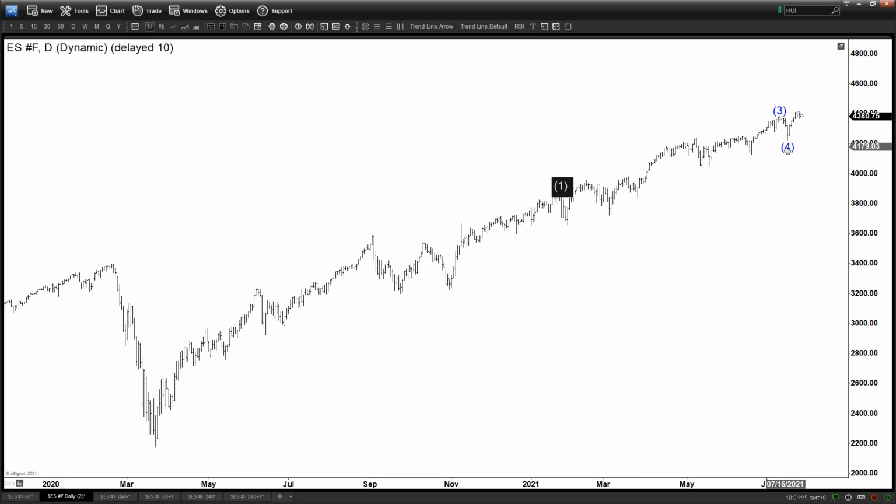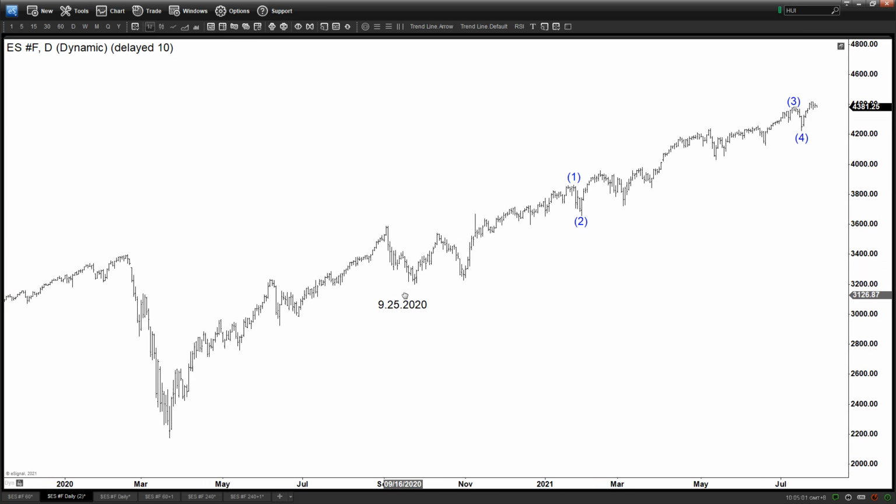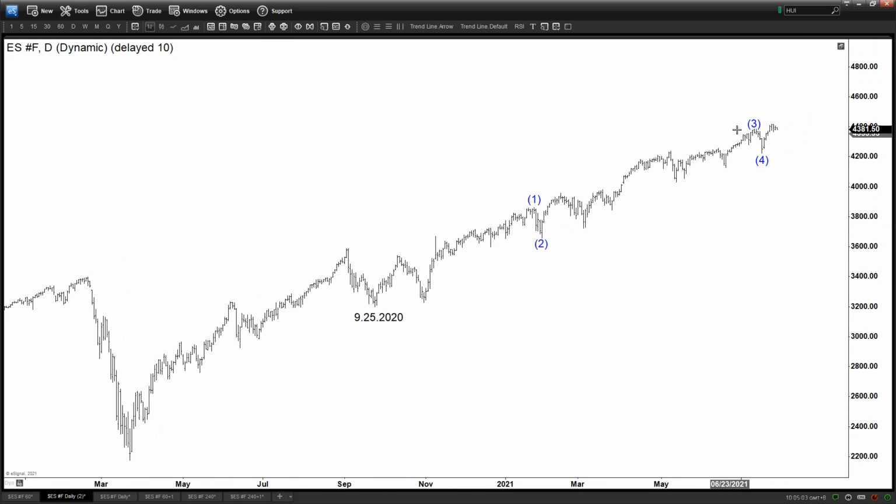So that means we're talking about the rally that started from here probably. So we got 1 2 3 4 5 of some kind. So September 25th, 2020.